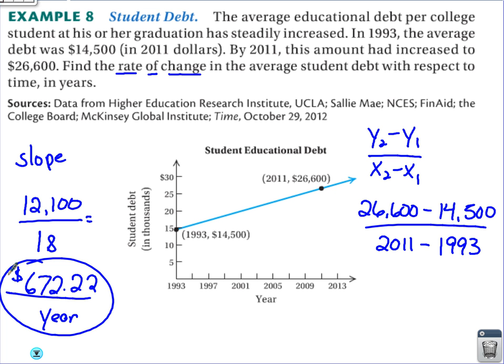So that's how much we're increasing each year on average. And since this is linear, that's exactly how much it's increasing each year on this graph. So we could use that slope, or that rate of change, to find out what the expected debt will be in 2015 or 2020 by using the same graph.